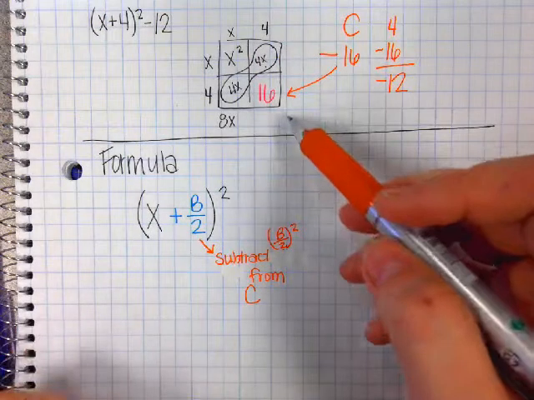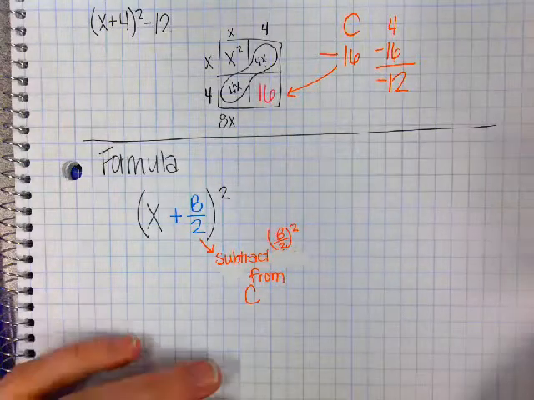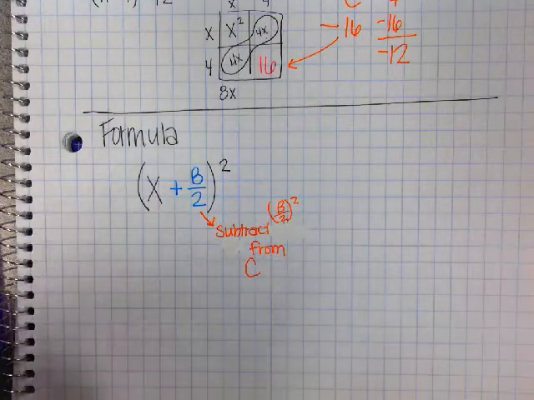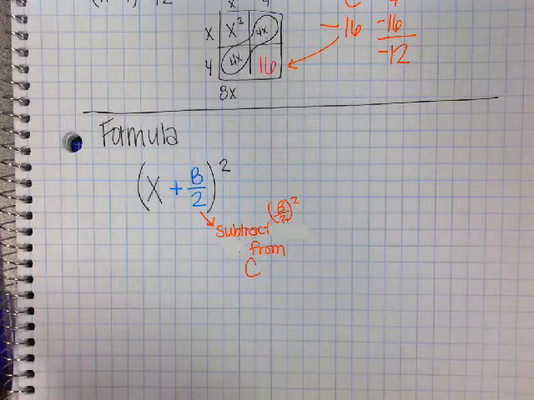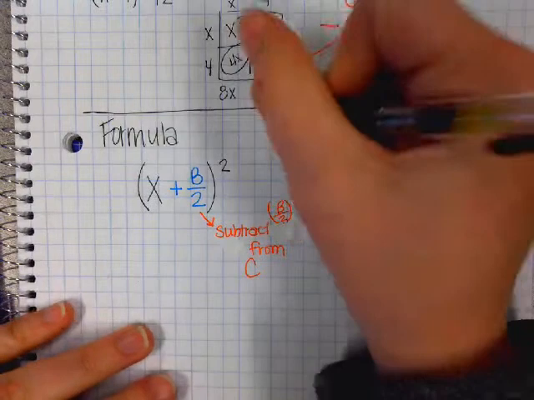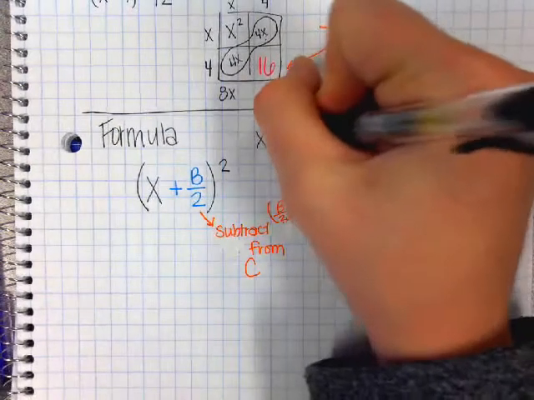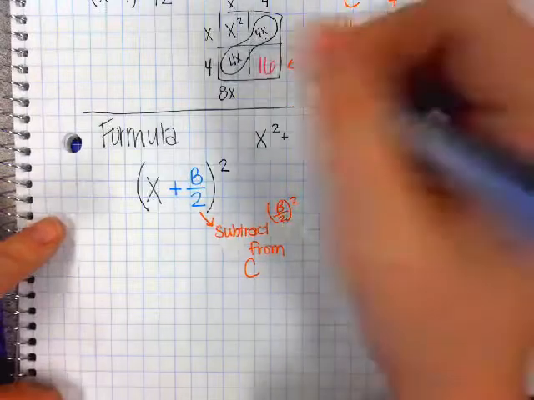So you have to always remember to square it. So 4 times 4 is 16, or 4 squared is 16. So that's why I think the algebra tiles are usually easier, especially for those of you that are very visual. So let me write where all of these numbers come from.